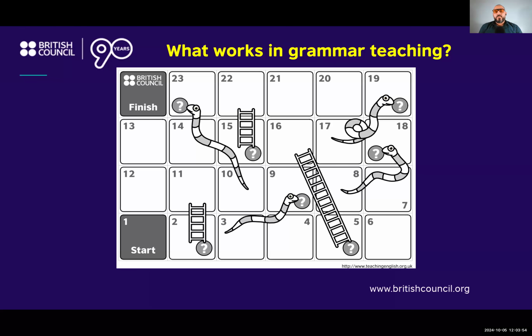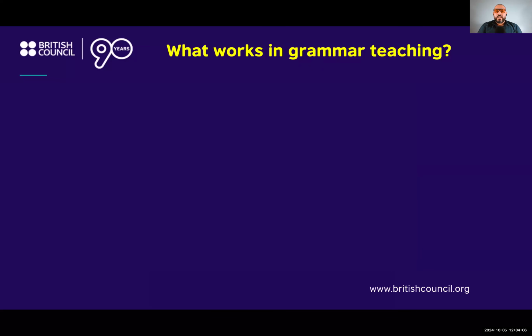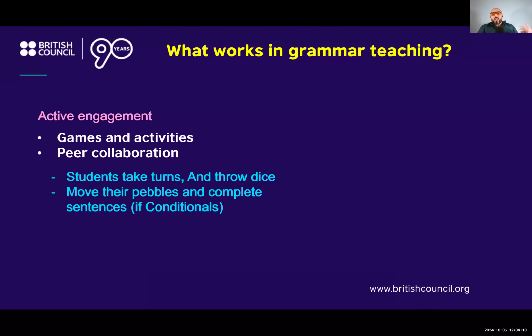They can play in groups, use some dice, throw them, get the number, use their pebbles or pieces, and then practice. They complete the sentence with the second clause. So students take turns, throw the dice, move their pebbles, and compete, and then they complete sentences. And of course, the first one to get to the end is the winner.